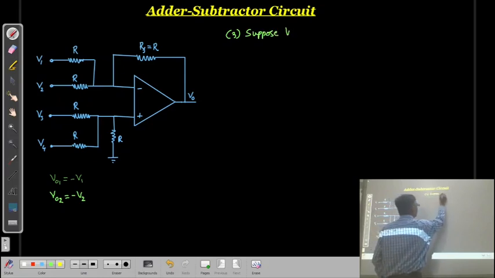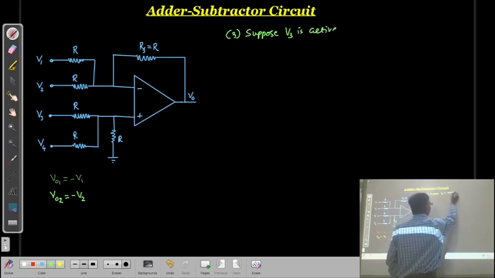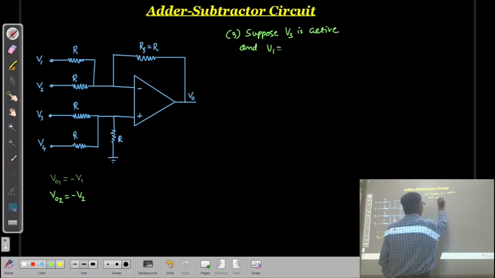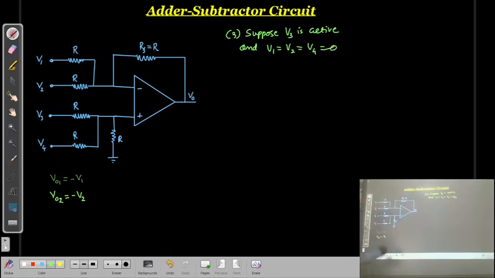Let us suppose V3 is active and V1 is equal to V2 is equal to V4, and it is connected to the ground. Means V1 is connected to the ground, V2 is also connected to the ground, and V4 is also connected to the ground.